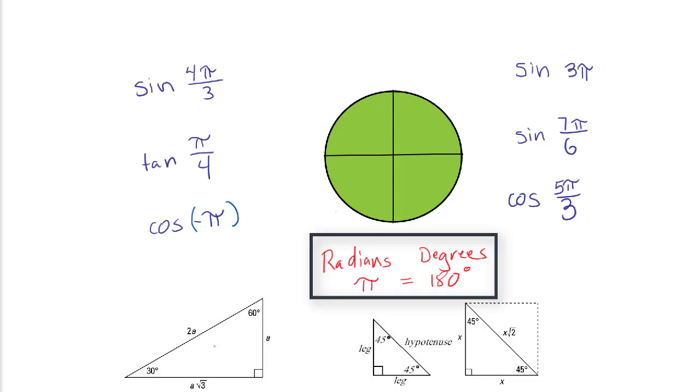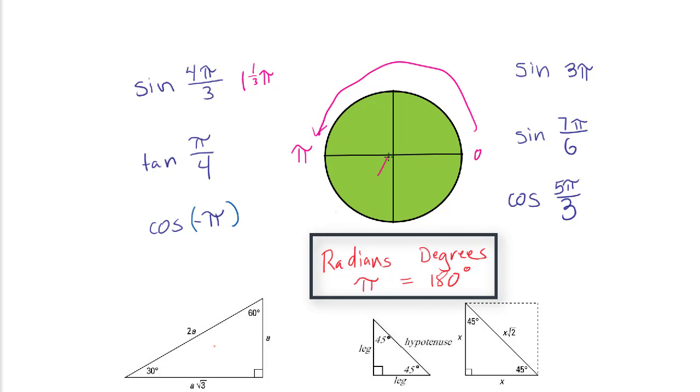Let's try a few harder examples you might see on the exam in radians and angles that are greater than 90 degrees. Sine 4 pi over 3. So essentially this is 1 1/3 pi if we think about it. Pi radians, remember, takes us from 0 all the way around to pi. And then another pi over 3 is essentially 180 over 3, another 60 degrees.